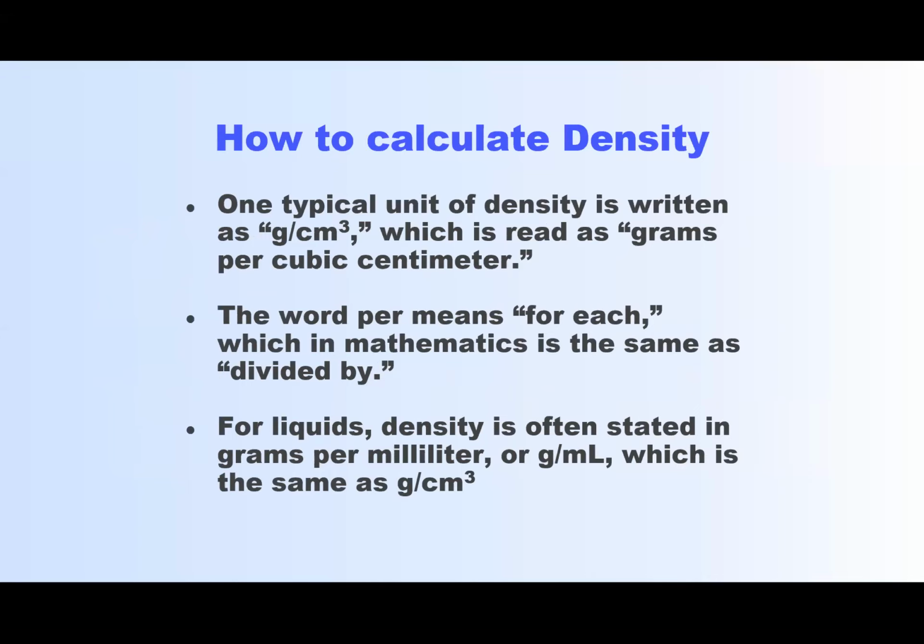So basically it means that for every 1 cubic centimeter, every 1 cm cube, we have, for example, 20 gram of material. For liquids, density is often stated in gram per milliliter or gram slash ml, which is the same as gram slash cm cube or gram per cubic centimeter.